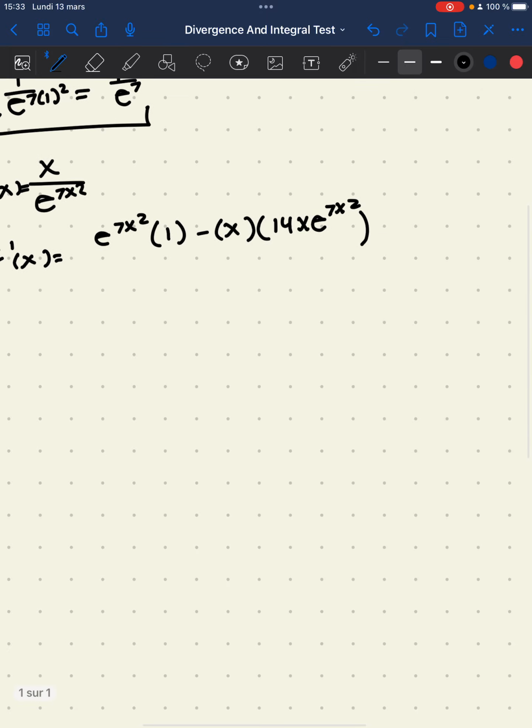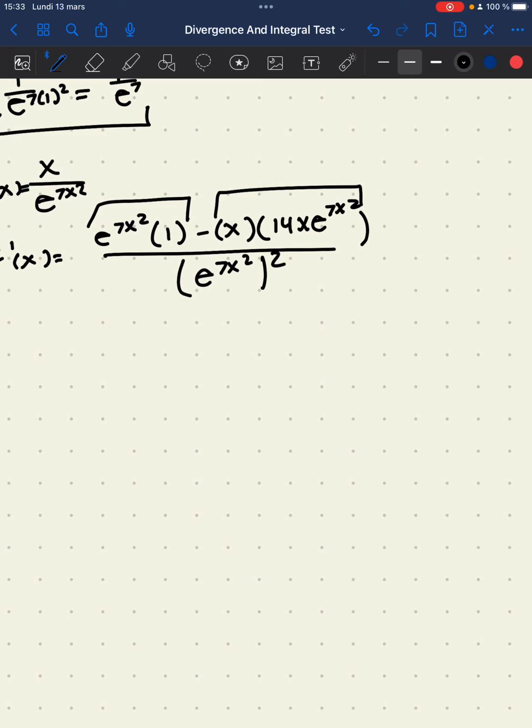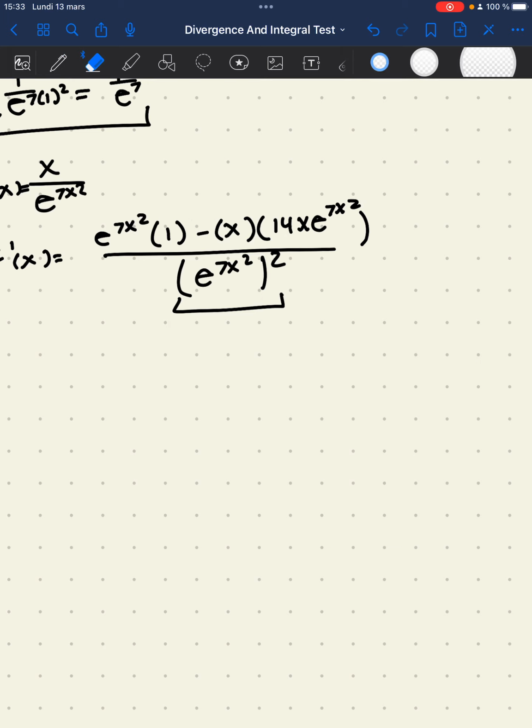Okay, and now the denominator would be e to the 7x squared, squared, because it's low times the derivative of the top minus the top times the derivative of the bottom, all over the low squared. That's why it's called low d high minus high d low.